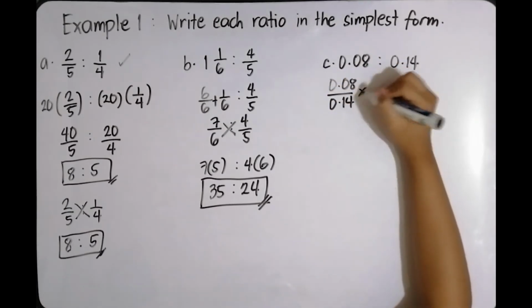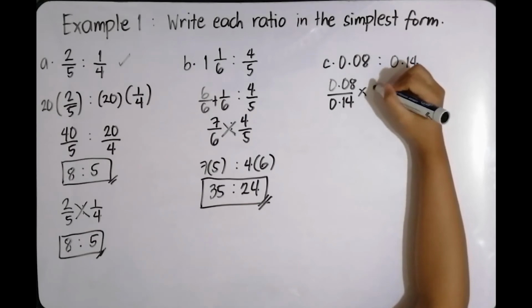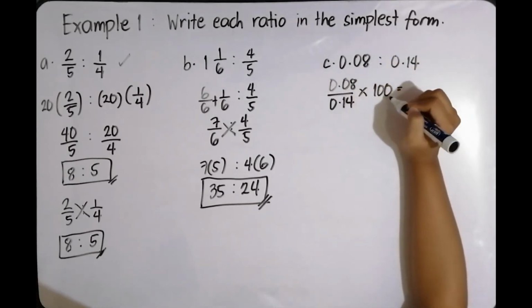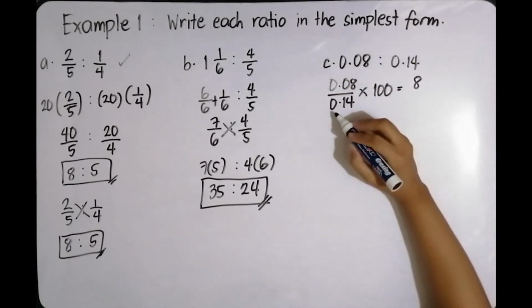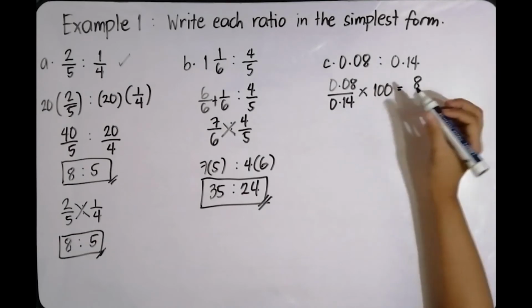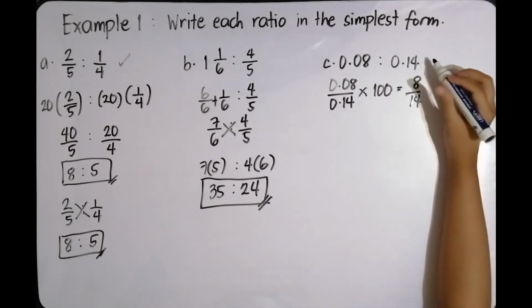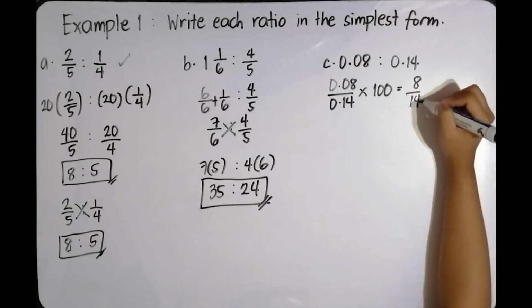We can multiply both the numerator and the denominator by 100. So 0.08 multiplied by 100 equals 8, and 0.14 multiplied by 100 equals 14. So we have here the fraction 8 over 14, or 8 is to 14.